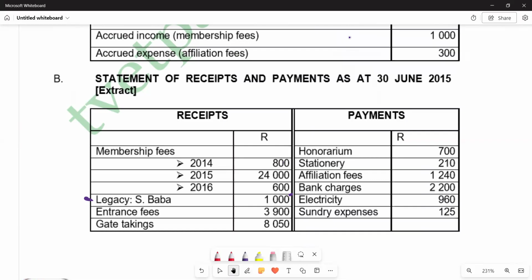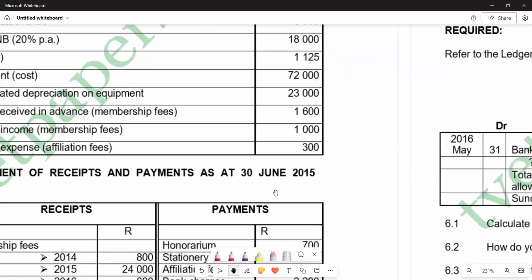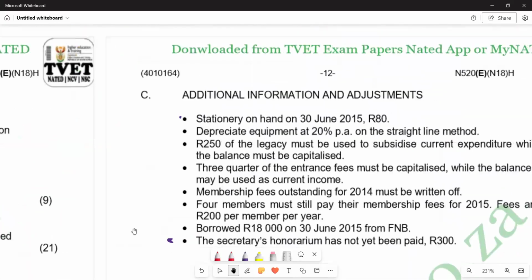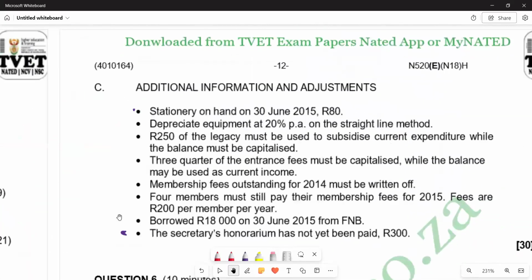We know that the total amount received is 1,000, but we want to know what actually belongs to the current period. So we go to the additional information and try to see explanations about the legacy. We start from the beginning and go down, checking if there is anything affecting it.